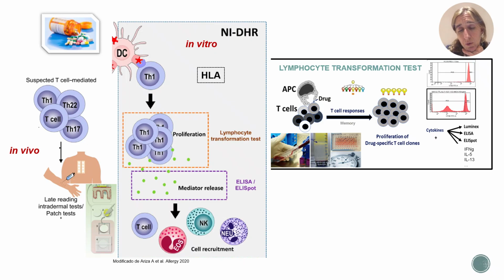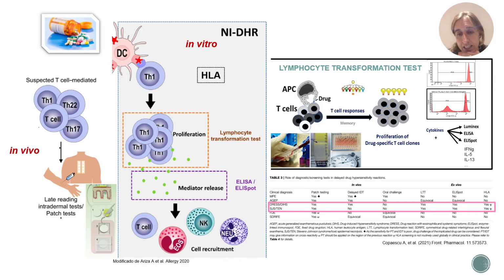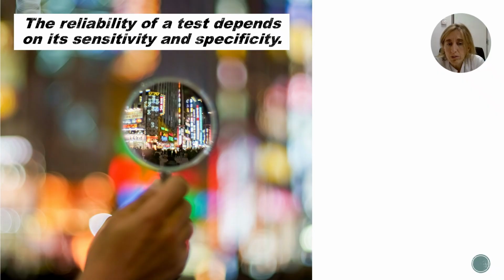We'll see further in detail some modifications of this protocol, and also that adding cytokine detection in the supernatant can really improve the test outcome and readout. It's very important to know that the reliability of the test depends on sensitivity and specificity.